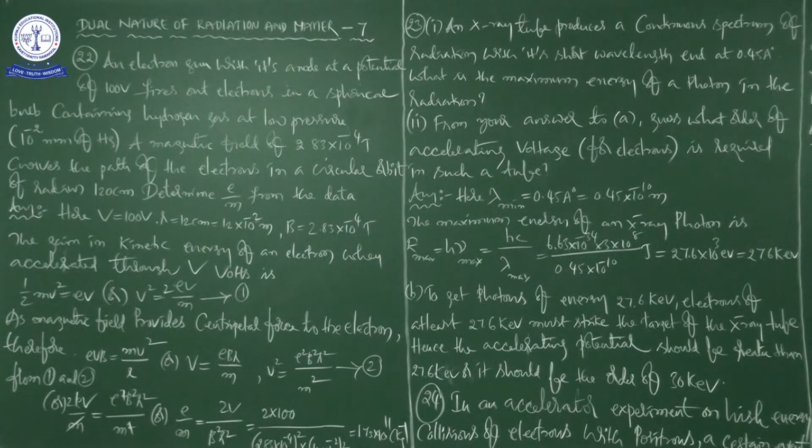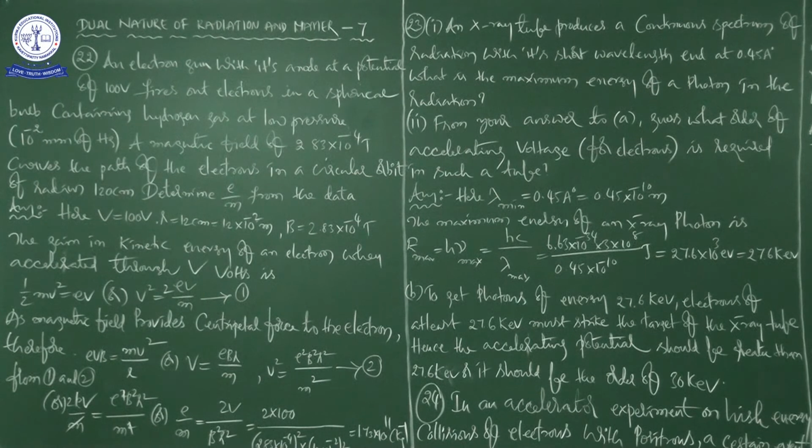Already I read the problem, but once again I will explain what he has given and what he is asking to find. An electron gun with its anode at a potential of 100 volts fires out electrons in a spherical bulb containing hydrogen gas at low pressure. That value also given, 10 to the power of minus 2 mm of Hg. So this is the situation they have given.